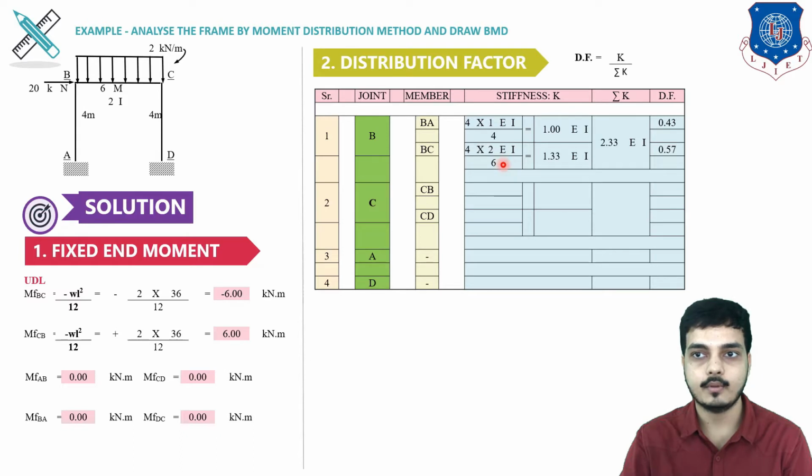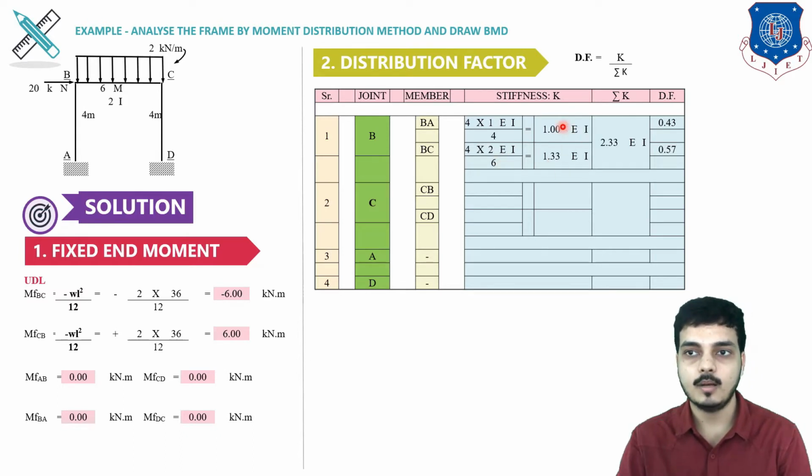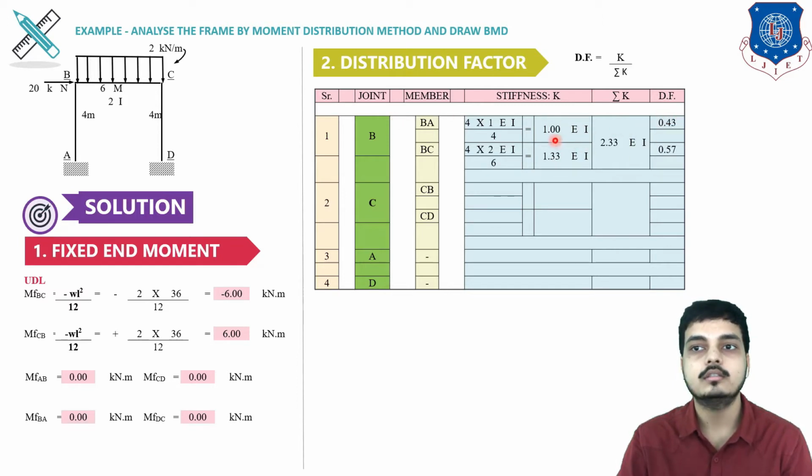So 8 upon 6 is nothing but 1.33. Now we sum these up and get 2.33. For member BA, the distribution factor is K upon summation of K, meaning 1 upon 2.33, which is 0.43, and for member BC it is 1.33 upon 2.33, which is 0.57. EI will cancel out. We are using this formula.